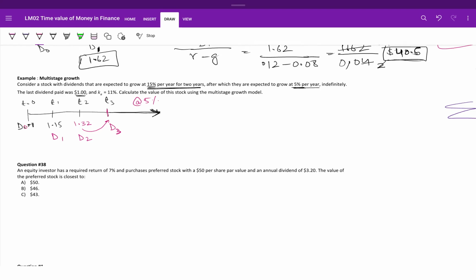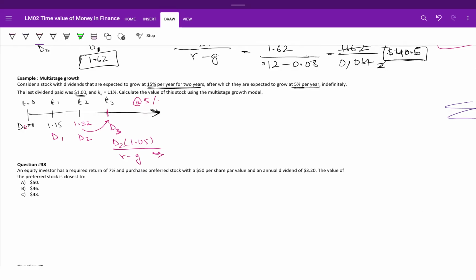So D2 times 1 plus the growth rate. So this 1.32 is going to grow at a rate of 5%, 1.05. Now divided by the R minus G.